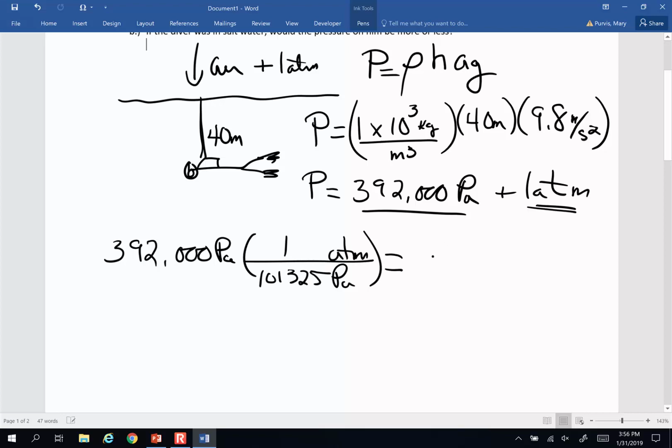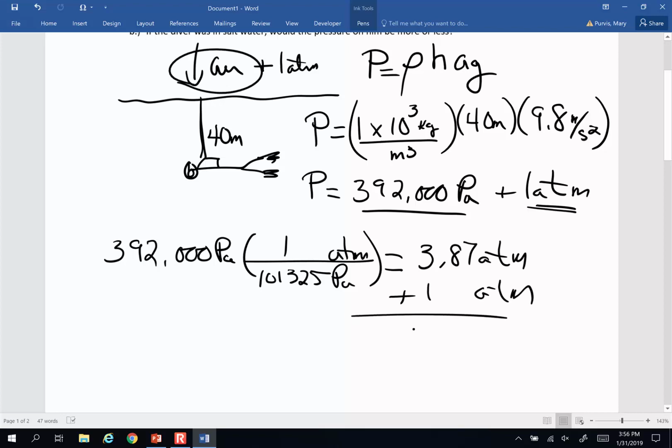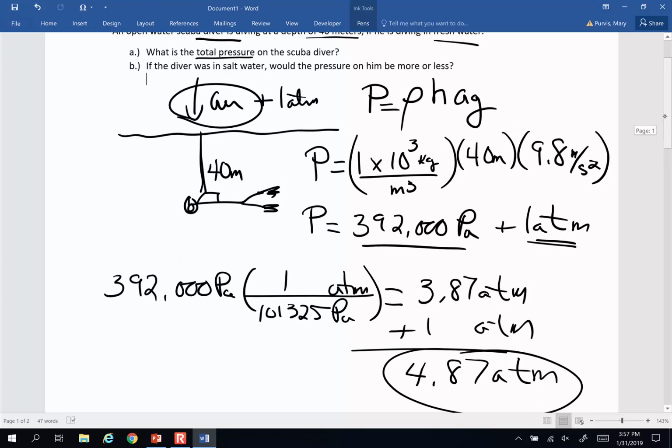And when we do the math, that's 3.87 atmospheres, plus the 1 atmosphere having to do with the air above the water. So the total pressure on the diver is 4.87 times the normal atmospheric pressure, or 4.87 atmospheres.